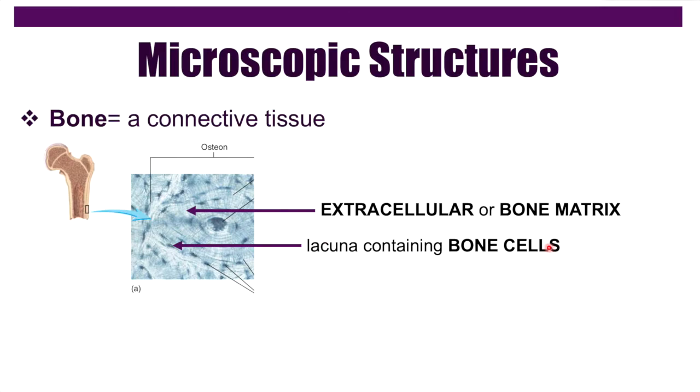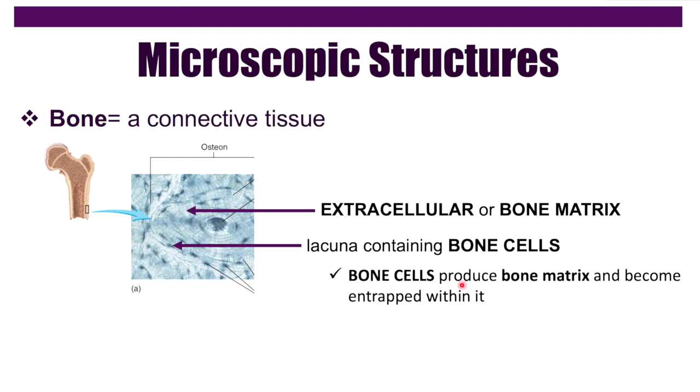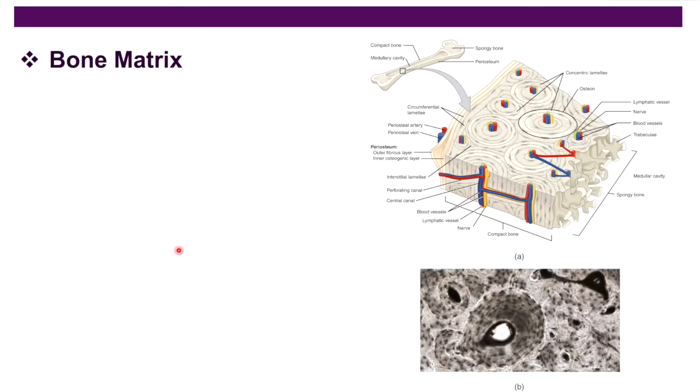This extracellular matrix, also known as bone matrix, is a non-living matter produced by these bone cells, which eventually are entrapped within the matrix. The composition of this matrix varies and is responsible for the characteristics of the bone.